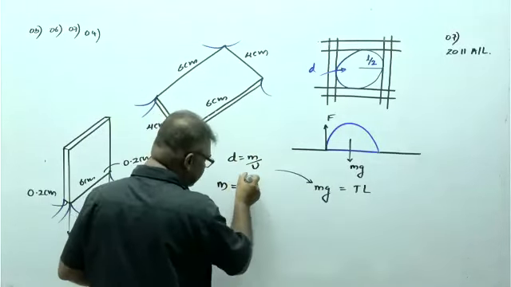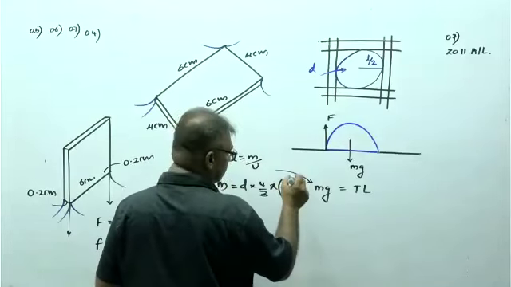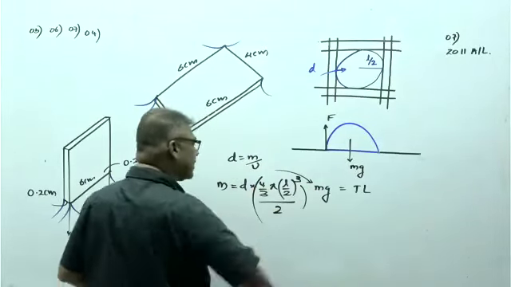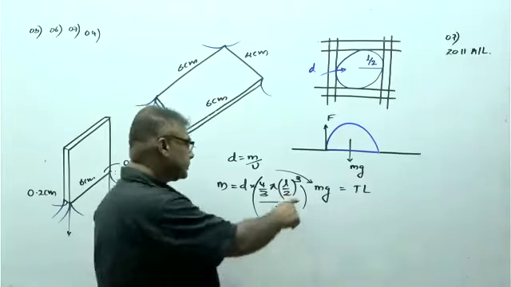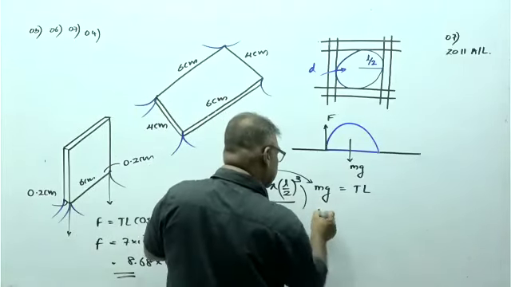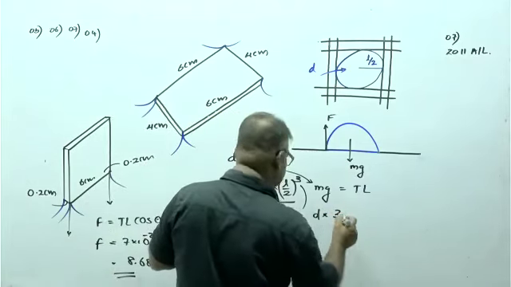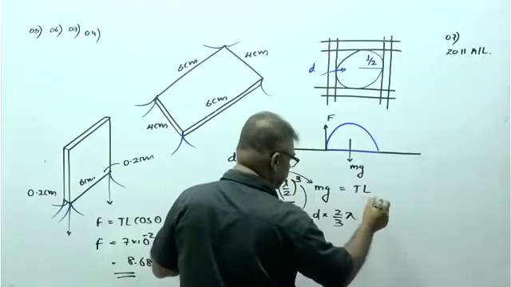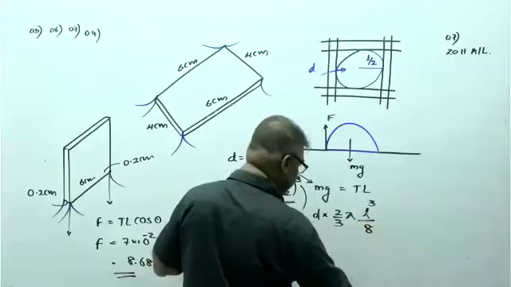Mass becomes density into 4/3 pi (L/2) cubed, half as hemispherical, no? Okay, then M becomes density, 2 cancel, 2, 3 pi L cubed over 8.